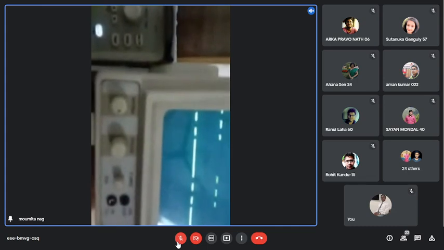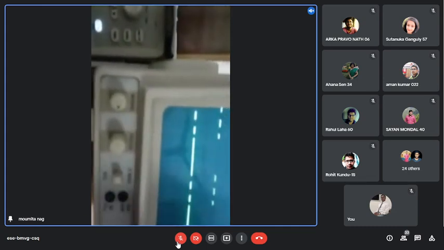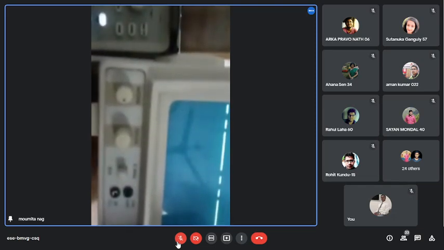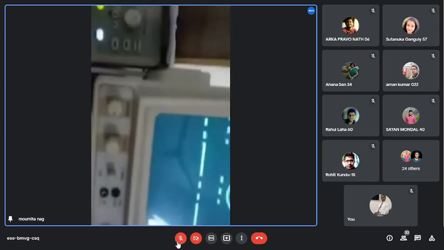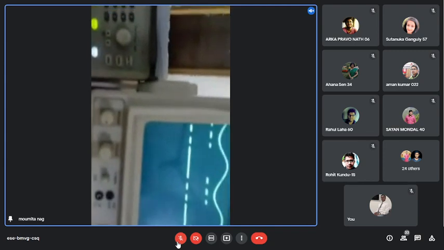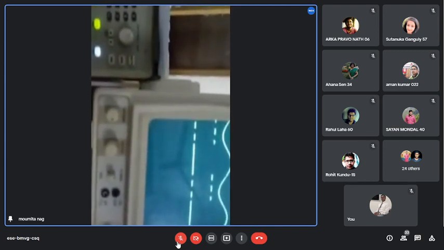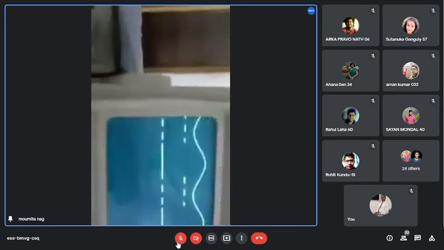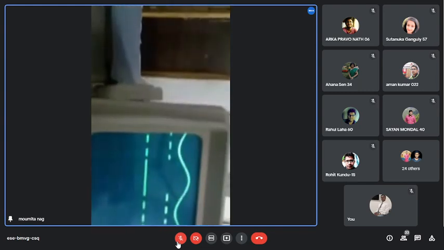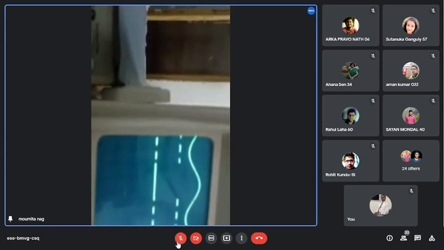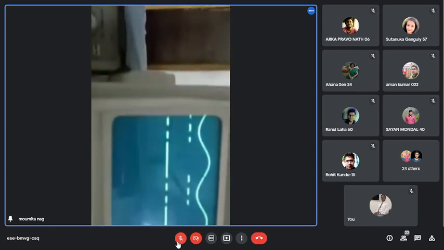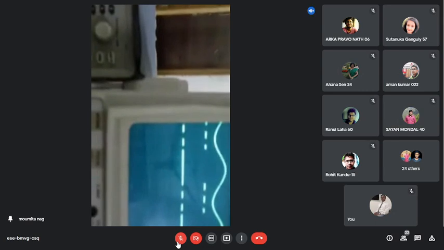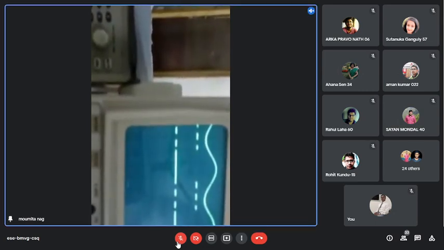And for the fourth T on, it is 2 big divisions and 4 small divisions. 2.8. Yes. So this is a PWM signal.